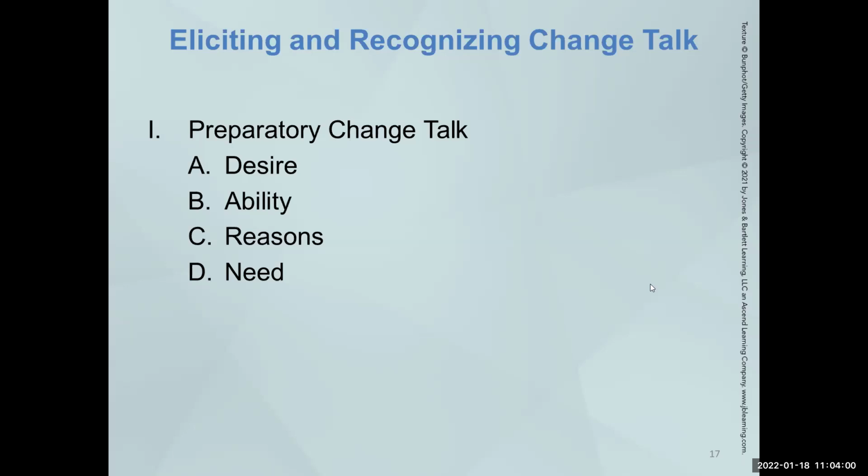But what are their reasons? What are their reasons for not wanting to make a change? And how can you try and help with that? And then there's the need. The need for the patient needs to be expressed when they recognize the urgency or begin to understand that they must make a change. Now that's directly from the book.